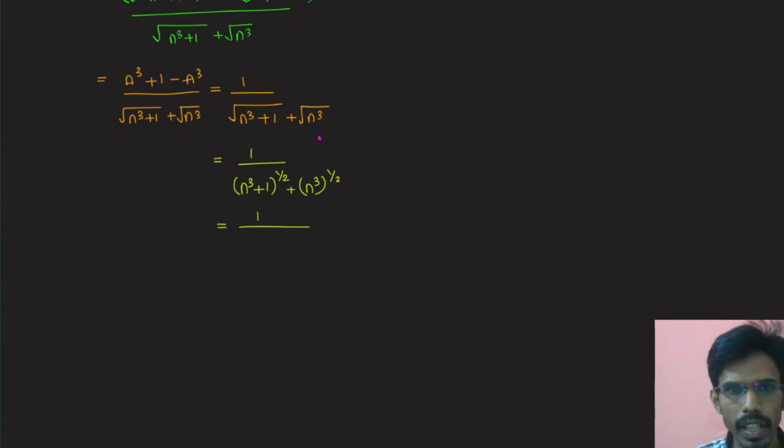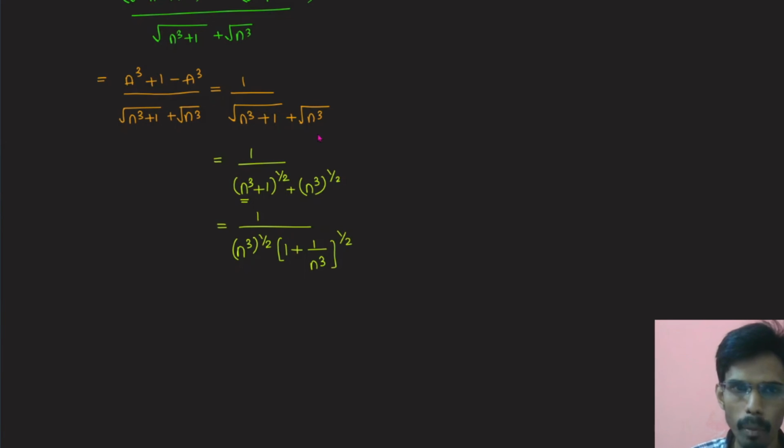Now if I take this n cube common from the first term, then this n cube will carry this 1 by 2 also. So this will become whole power of 1 by 2 from the first term. Here we have 1 plus 1 by n cube whole power of 1 by 2.